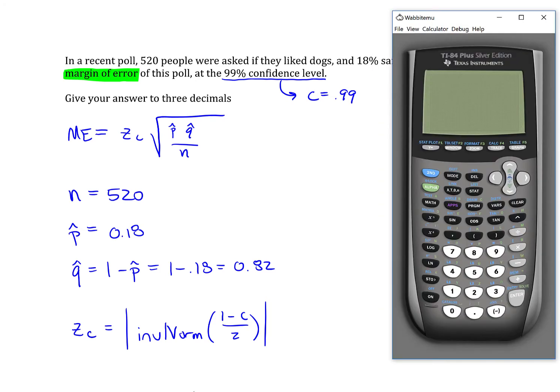I am using the TI calculator here, and I'll start by finding 1 minus c divided by 2: 1 minus the level of confidence 0.99, and then dividing that by 2. I did that in 2 steps on purpose. I could have done it in a single step, but I would have needed parentheses around the numerator to prevent the order of operations from giving me a wrong answer.